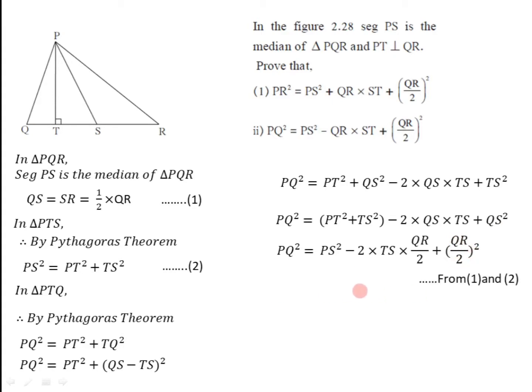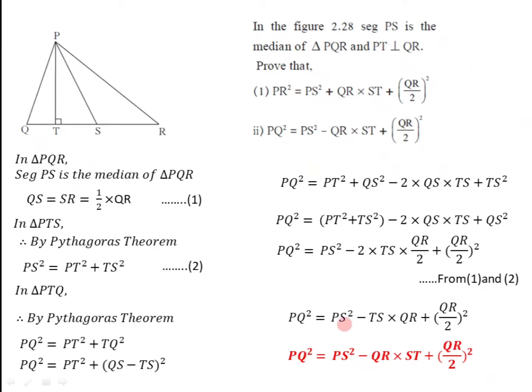If we further simplify, we get PQ square is equal to PS square minus, here also in the numerator and denominator 2 will get cancelled, just TS into QR plus the last term (QR by 2) bracket square as it is. If we rearrange these terms, we get PQ square is equal to PS square minus QR into (ST plus QR by 2) bracket square. That is the result we wanted in equation number 2, that is PQ square is equal to PS square minus QR into (ST plus QR divided by 2) brackets.